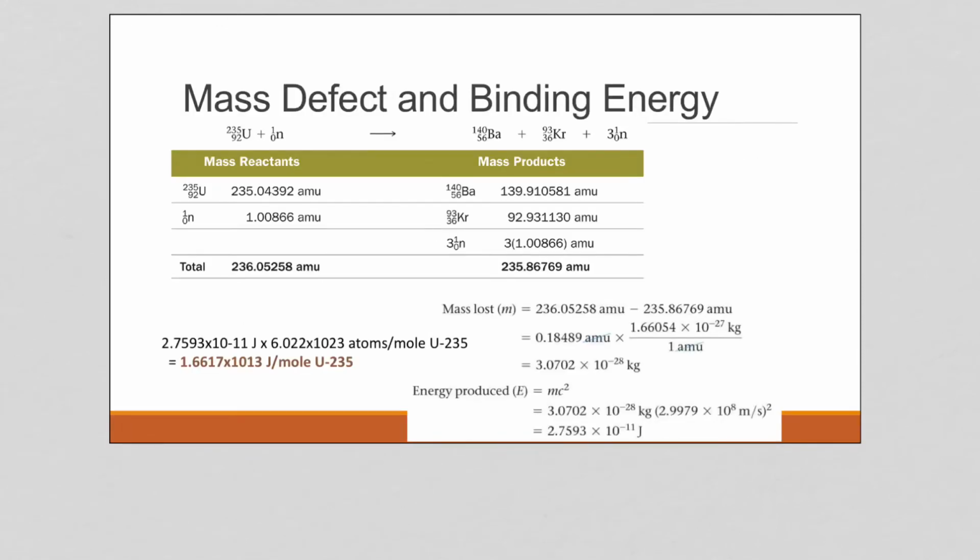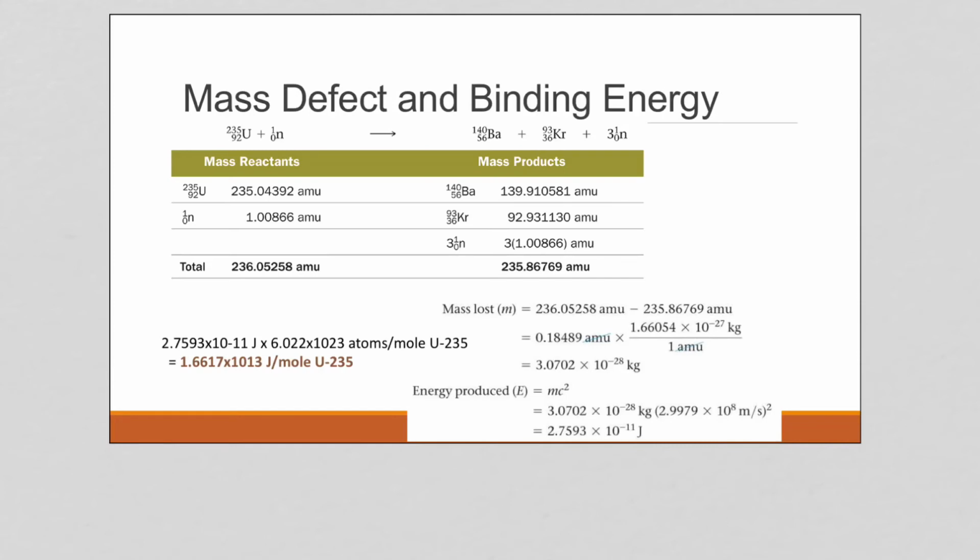Now, why do we see this, right? Or how do we get this conversion? So if we look at the breakdown of uranium-235 plus a neutron, it breaks down into a barium and a krypton nucleus plus 3 neutrons.